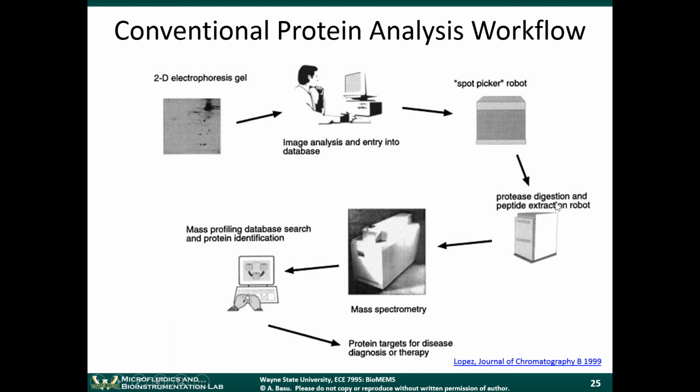The further analysis would involve digesting the protein with a protease, breaking it up into peptides, and then performing something called mass spectrometry to identify what that protein is. We haven't talked about mass spectrometry, and we probably won't get a chance to this semester, but mass spectrometry is a way to analyze the components.